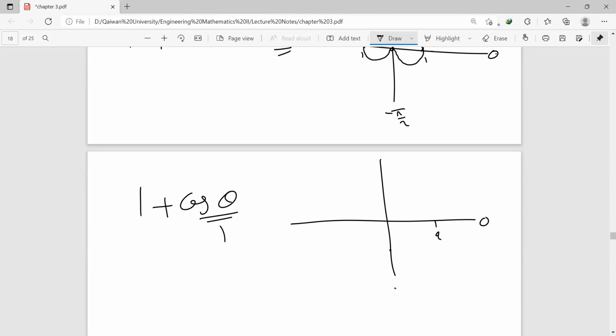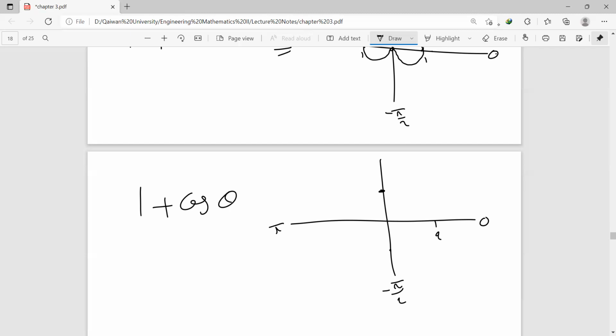At minus pi over 2, cosine is 0. 0 plus 1 is 1. How about pi?